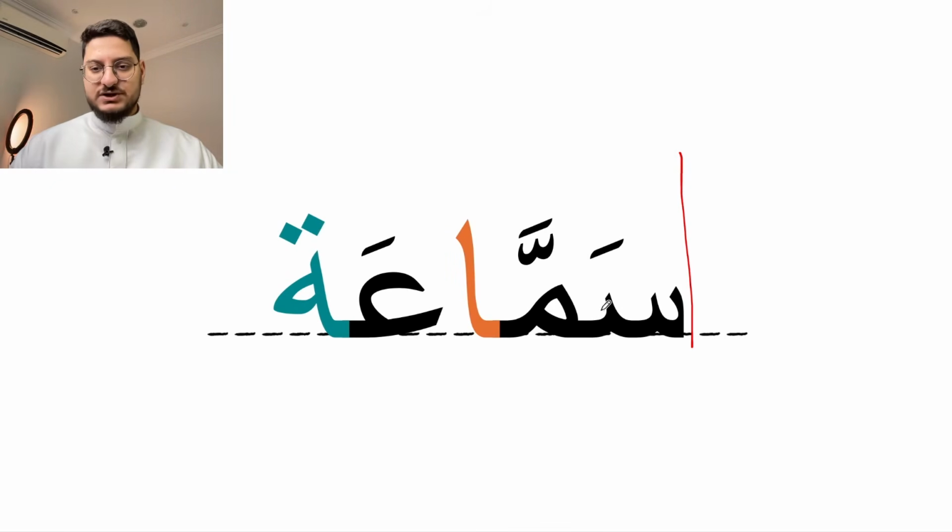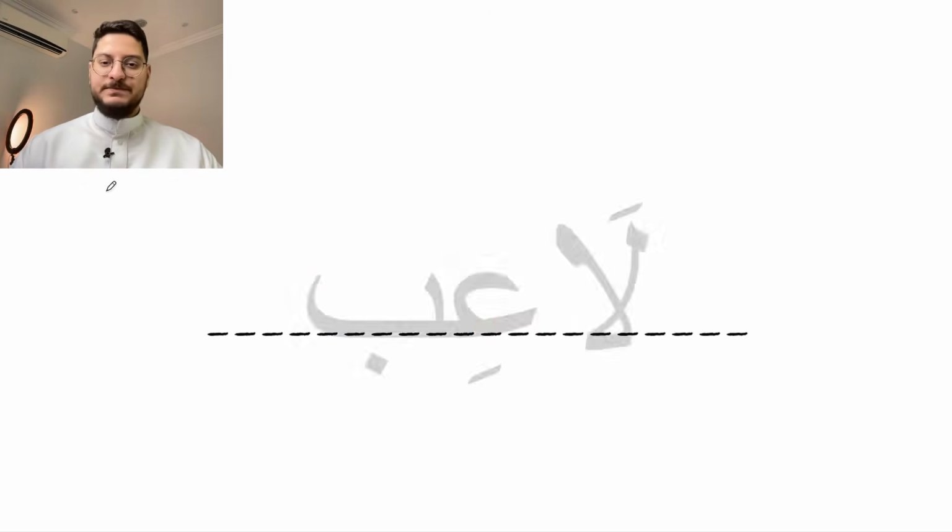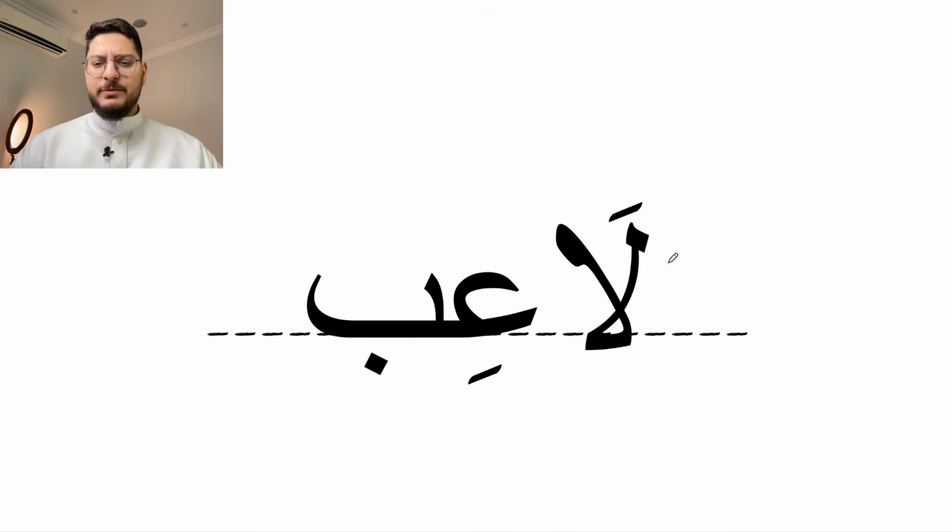Next one. Let's split that into syllables. The first syllable starts here, the second syllable right in the middle of the shadda. So we need to double the M sound. And then one here before this fatha. Let's read the first syllable. Sam, ma, samma'a, which is headphones. Next one. Remember this shape?